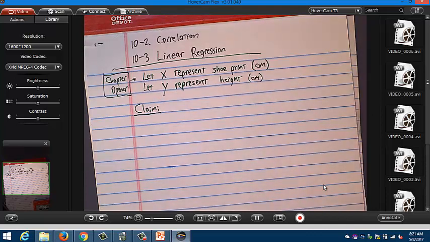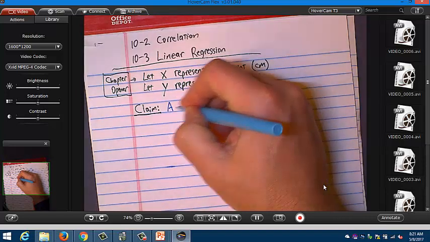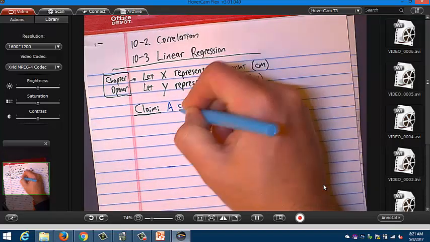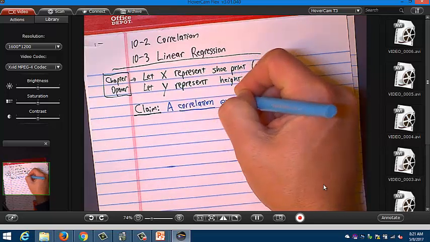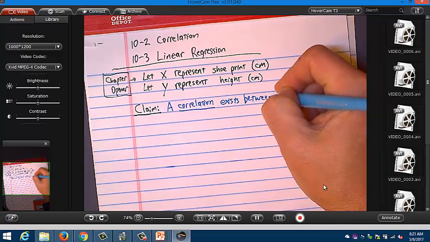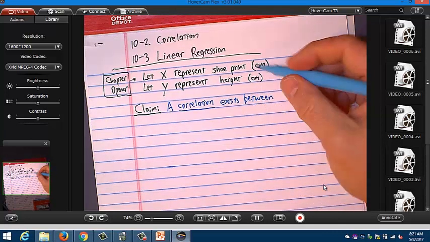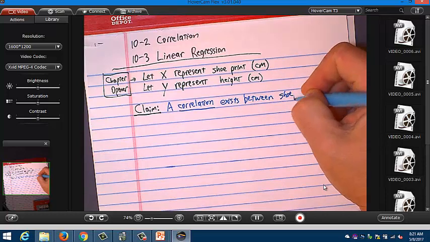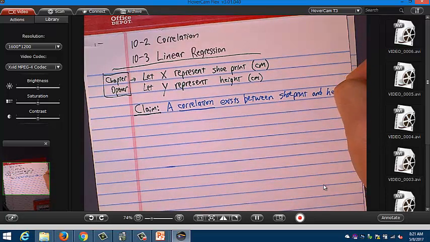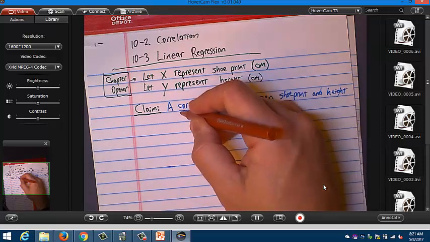I am making a claim that a correlation exists between, well, it's funny, shoe print and height. That's my claim in English. Now, I still haven't really explained correlation.